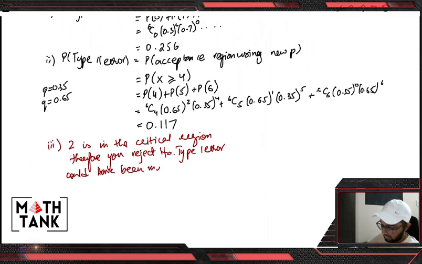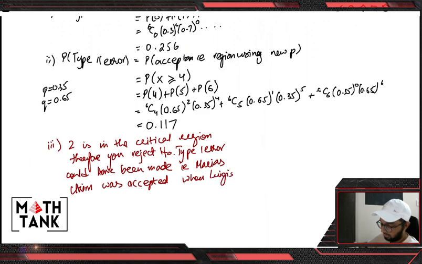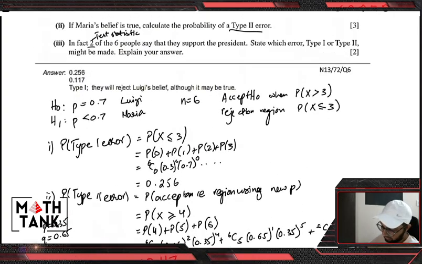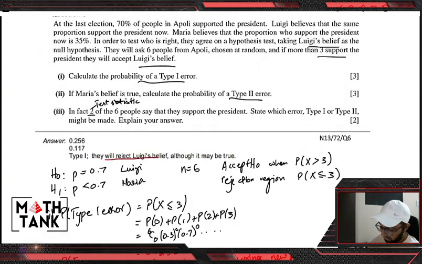That is, Maria's claim was accepted while Luigi's was true. So you rejected Luigi's claim while it was true and you accepted Maria's claim. So they will reject Luigi's belief.